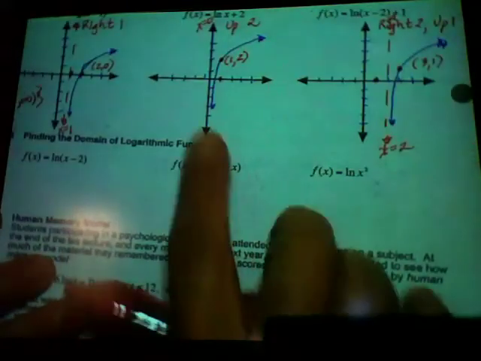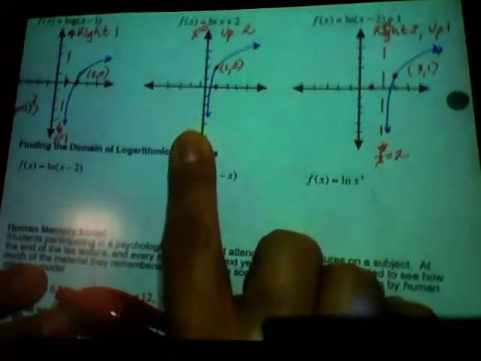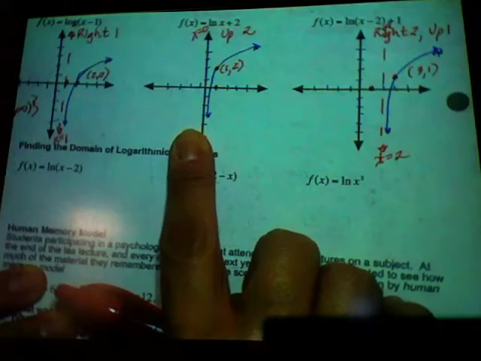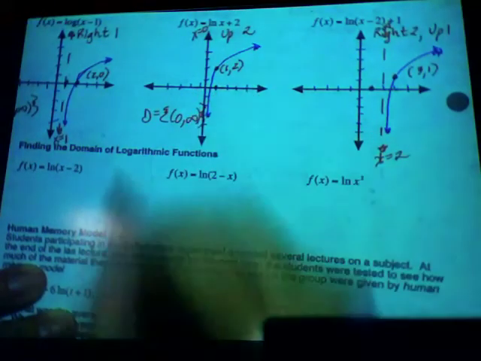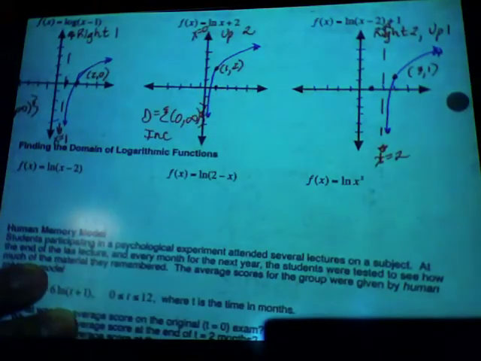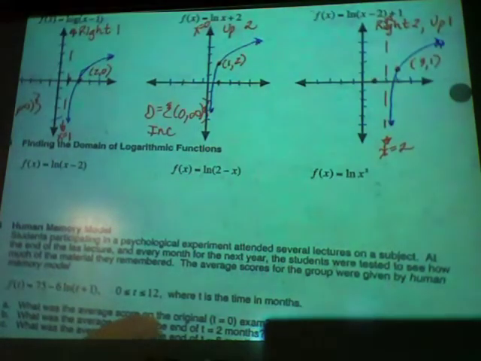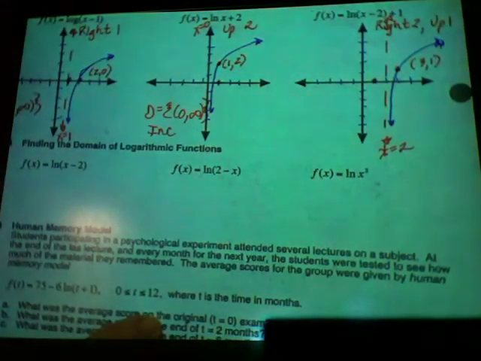And then this one, how does the domain change on this one? 0. It doesn't change, right? So the domain is 0 to positive infinity. And it's still an increasing function, isn't it? Unless there's a reflection. And so the reflection can still occur.